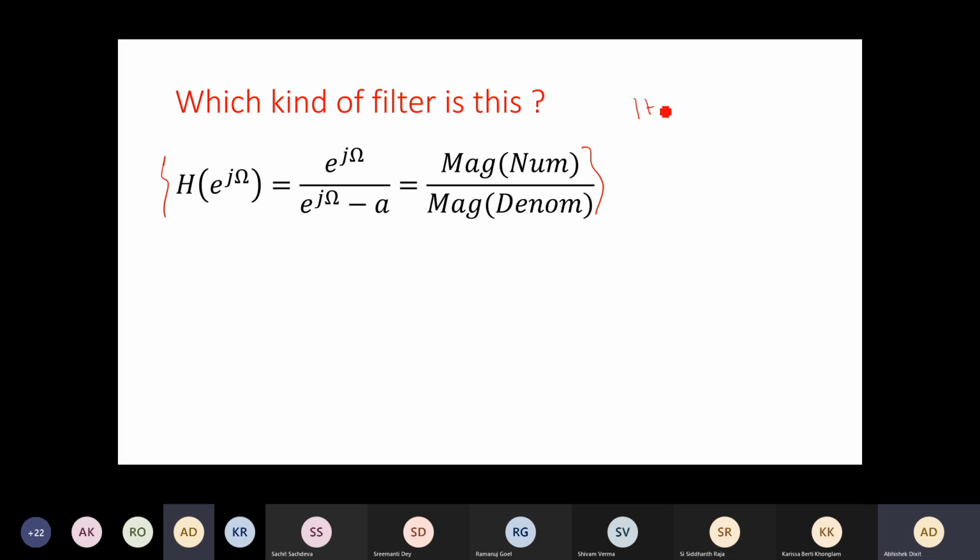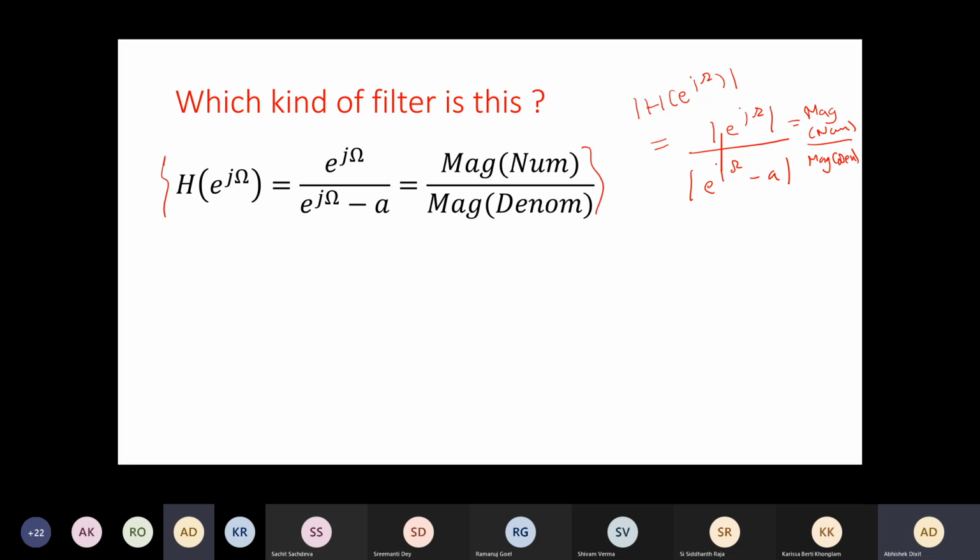The mod of H(e^jω), if we have to find this, is the mod of this quantity divided by the mod of this quantity. I think it's not very clearly written here. So this thing is, in simple terms, the magnitude of the numerator divided by the magnitude of the denominator.